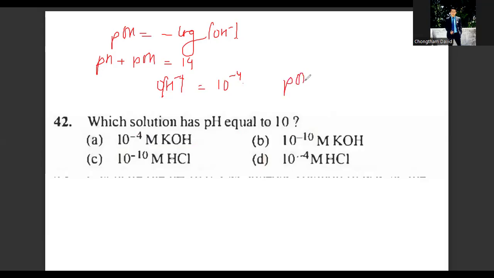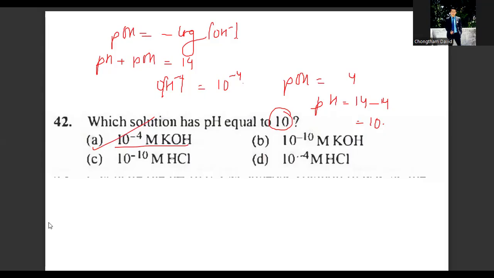Then pOH, as per the definition, would be equal to 4. And pH would be the subtraction of these two values, 14 minus 4. It will be 10. So as evident, for question number 42, option A would be the answer.